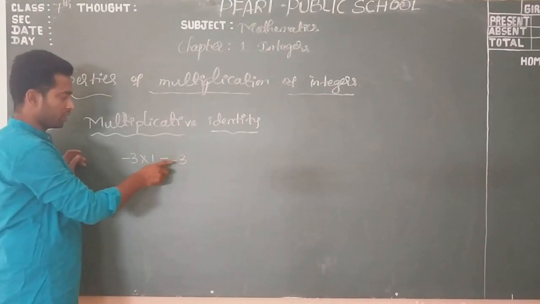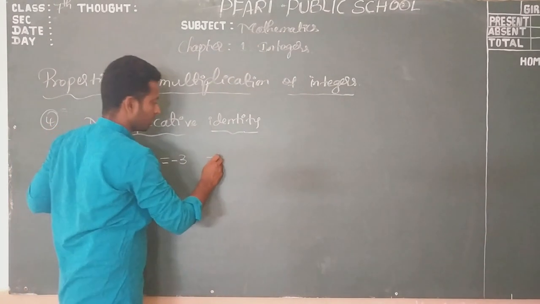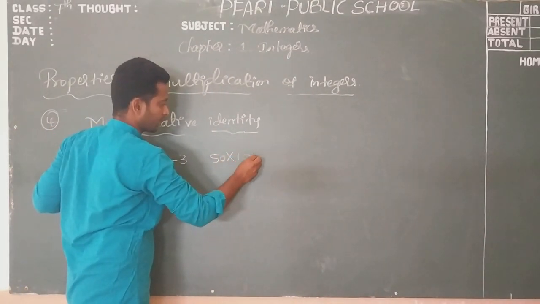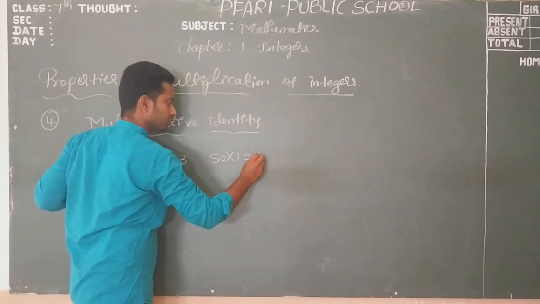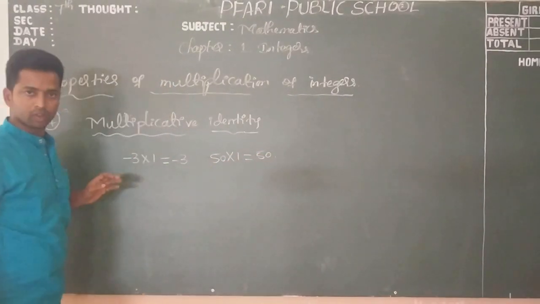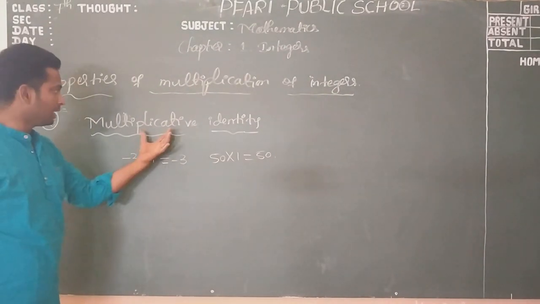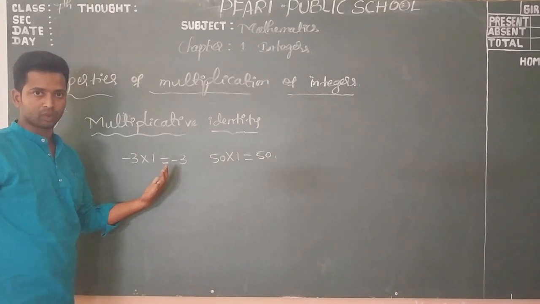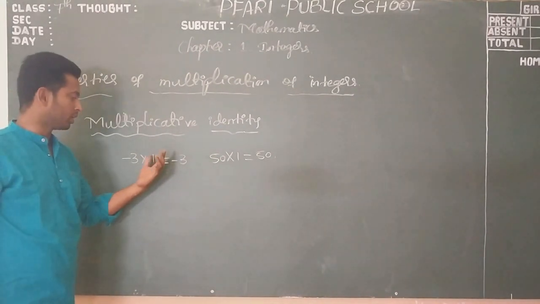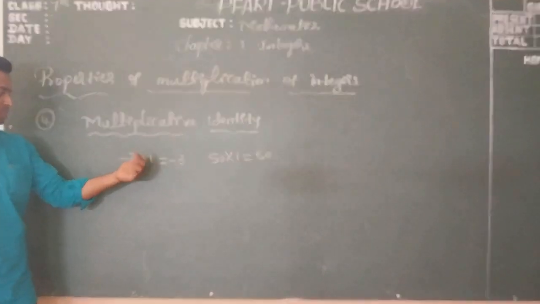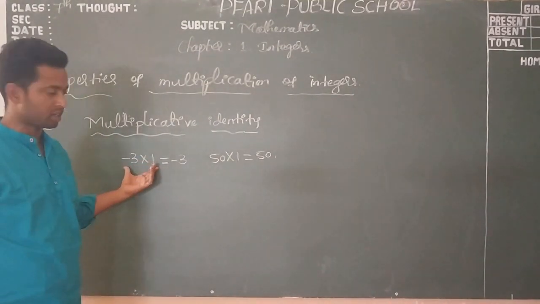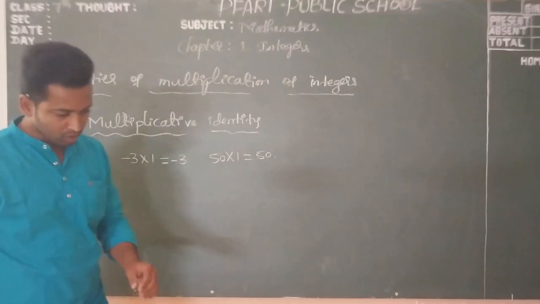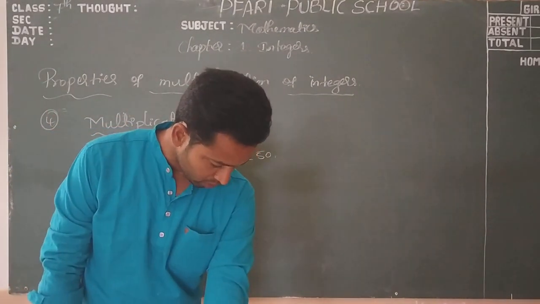So minus 3 into 1 is minus 3, and if you take 50 into 1, again 50. So the multiplicative identity means this one remains the same, and if we multiply this identity with any integer, we get the same integer. So this is the multiplicative identity.